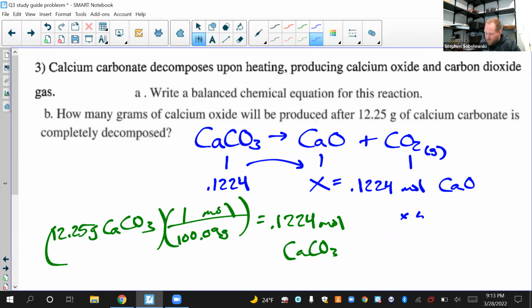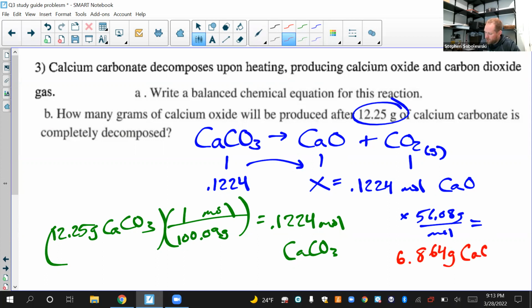So multiply that by 56.08 grams per mole, which will give us, with 4 sig figs, because my problem gave us 4, a final answer of 6.864 grams of CaO.